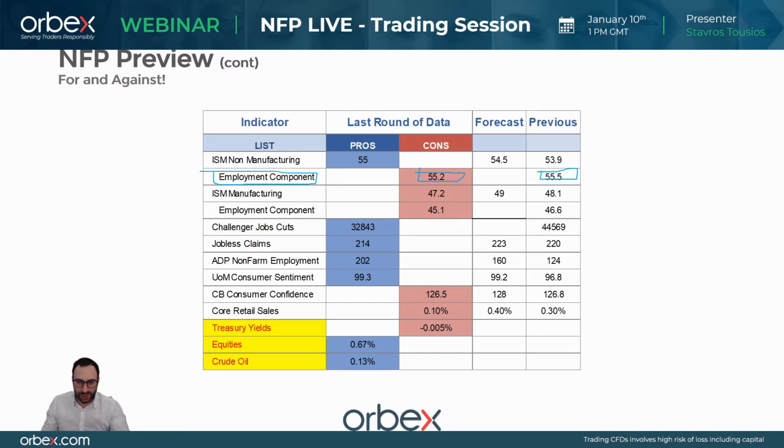Now, pay attention to this. ISM manufacturing kept falling, okay? We are below the 50 level, right? We are still in a contractionary sort of period, let's just say, right?